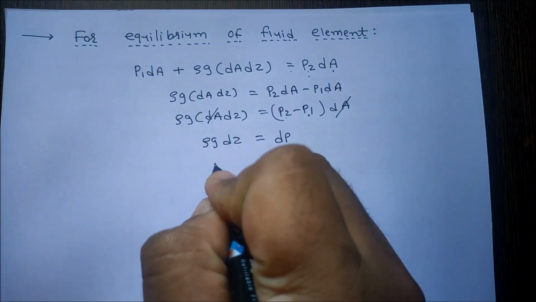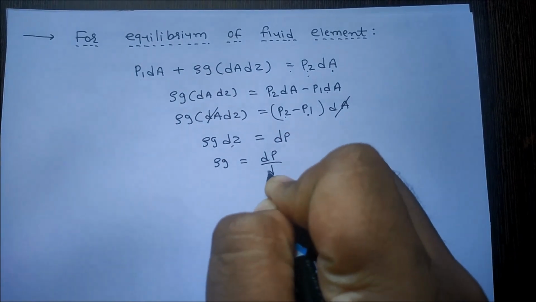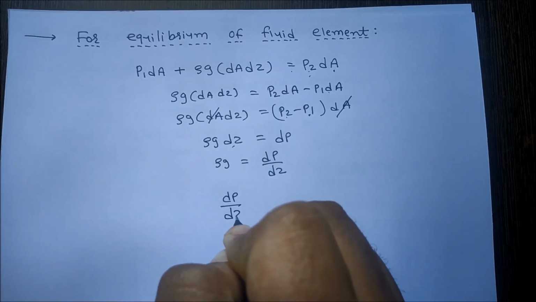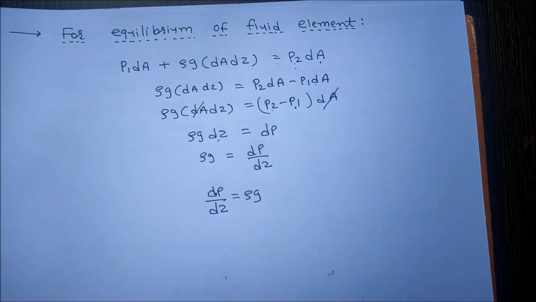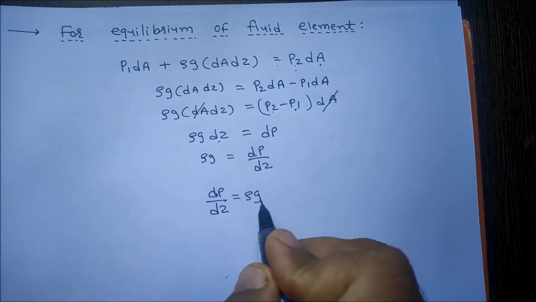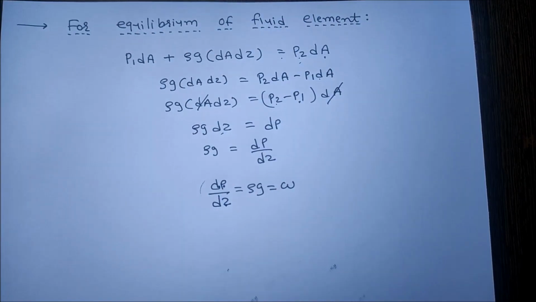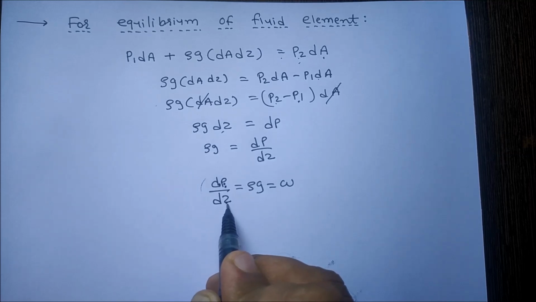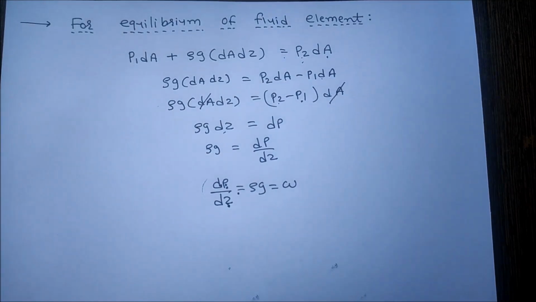We can rewrite this equation as dP divided by dz is equal to rho g. We know that rho g, the specific weight of the fluid, is W. So we can say that the rate of increase of pressure in the vertical downward direction at a point in a static fluid must be equal to the specific weight of the fluid.